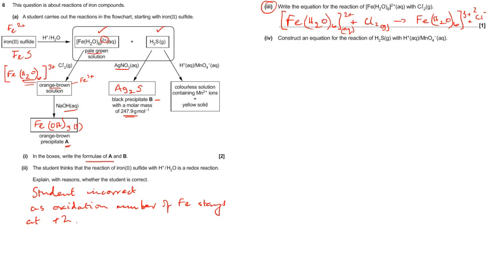And just to balance it up, we need to have 2 iron ions, because we've got 2 chlorine atoms, so we need a 2 there and a 2 there.